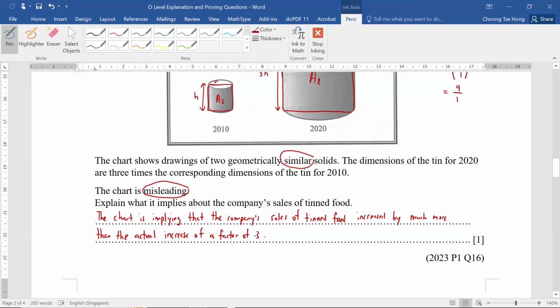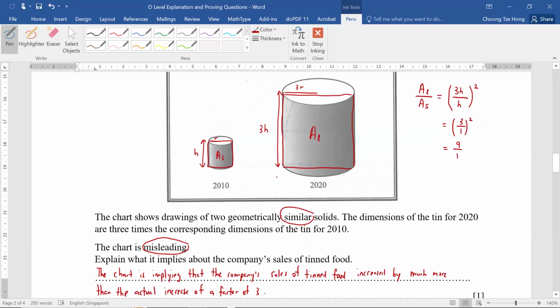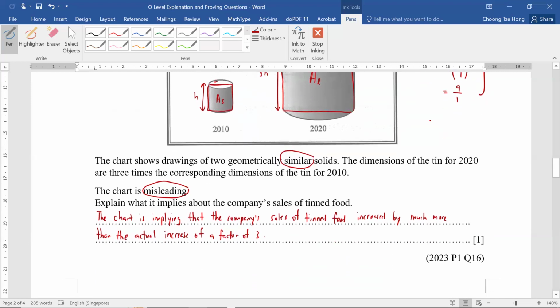Factor of 3 because what they want is to say that the sales has tripled. To help you, you can actually leave this working over here so that the examiner, while marking, will be able to see your idea behind this concept. So the chart is implying that the company's sales of tin food increased by much more than the actual increase of a factor of 3.